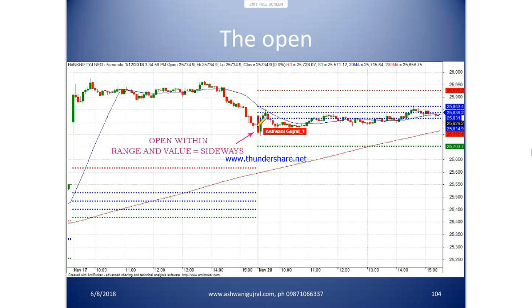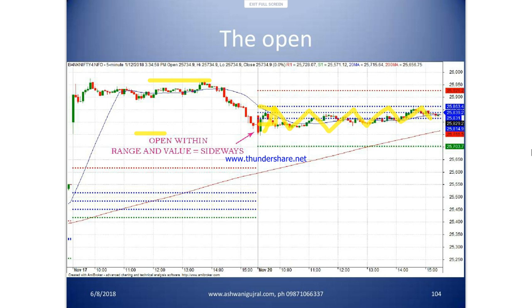Second type of open is the open is within the central pivot range and within previous day range. What does that mean? That the market is likely to trade sideways and it may not even touch S1 or R1, but there will be very limited opportunity.